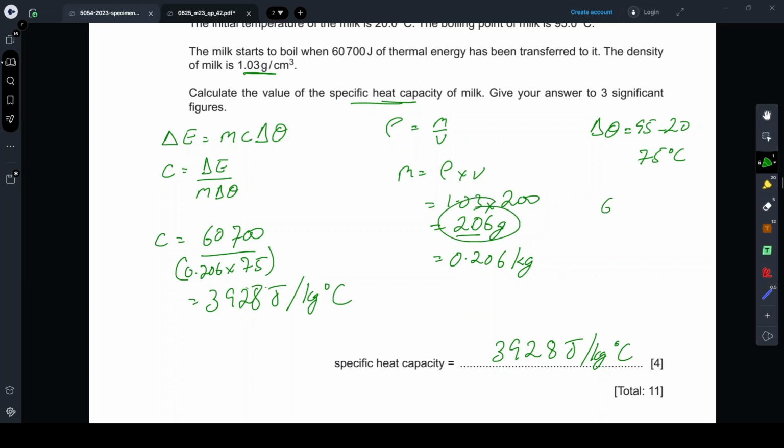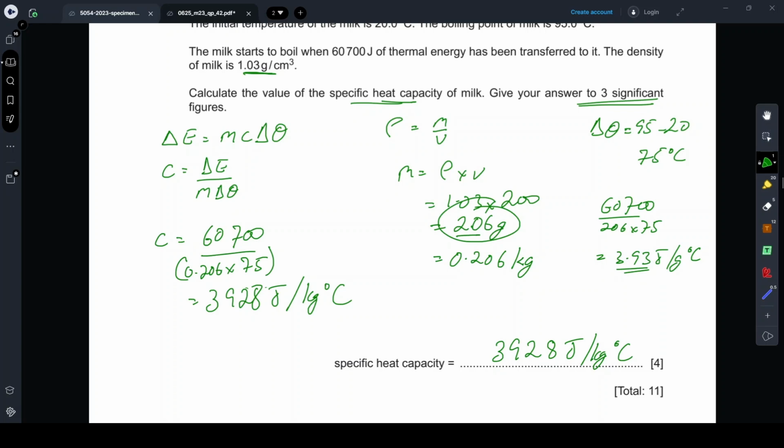So that would be over 206 into 75, which was 3.93 joules per gram degree centigrade, and that's three significant figures. So I guess we could take that as a hint that you're supposed to get it in grams, although it's sort of confusing.